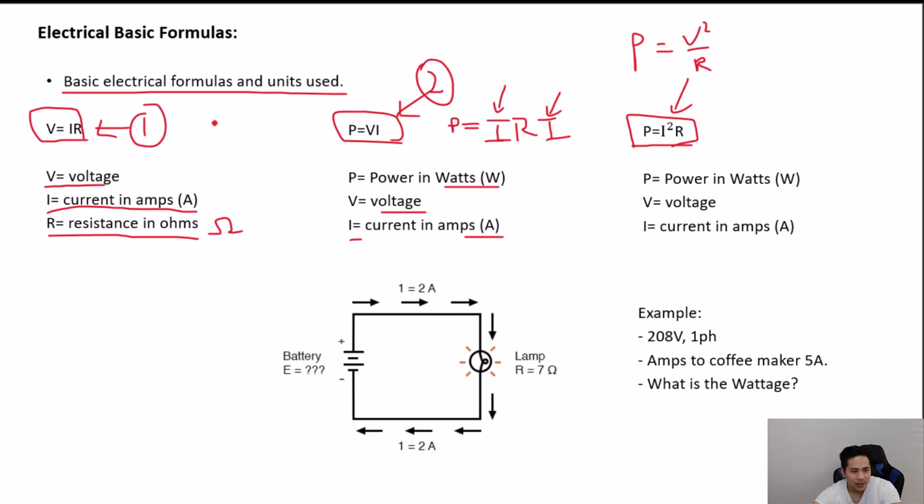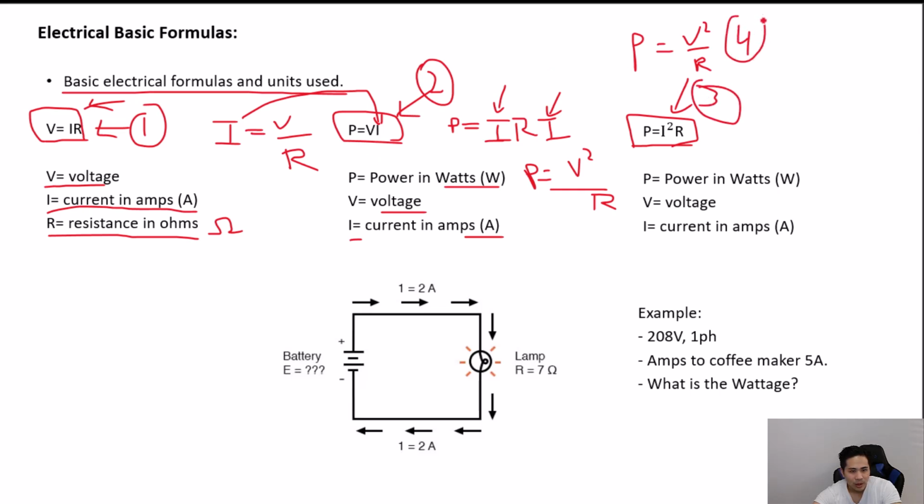You can state that I is equal to V over R from formula number 1, and replace I into formula 2, and you end up with P equals V squared over R. So you can basically have 3 formulas for power: formula number 2, formula number 3, and formula number 4, which is this one here.